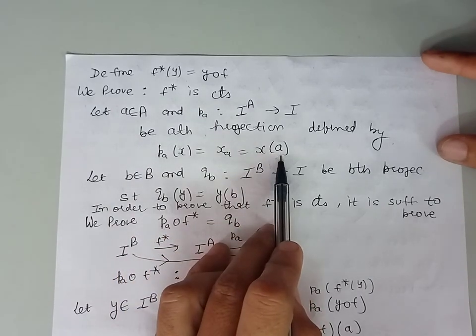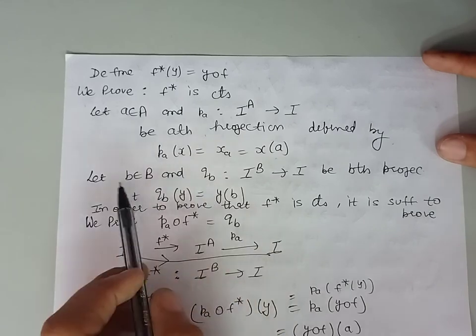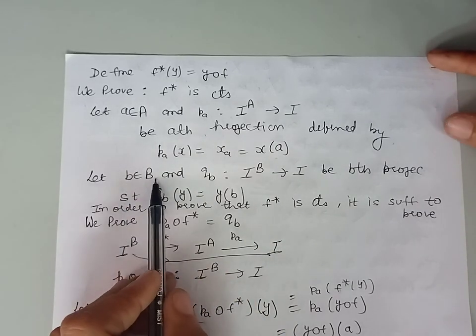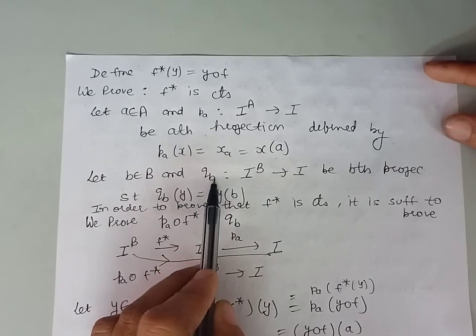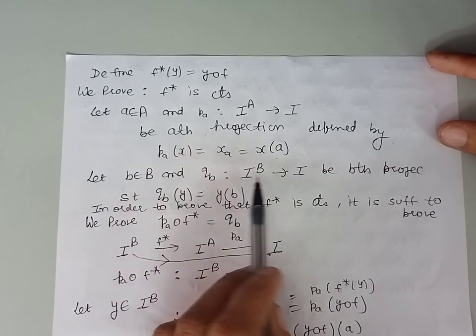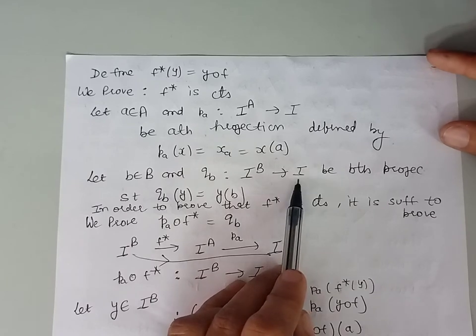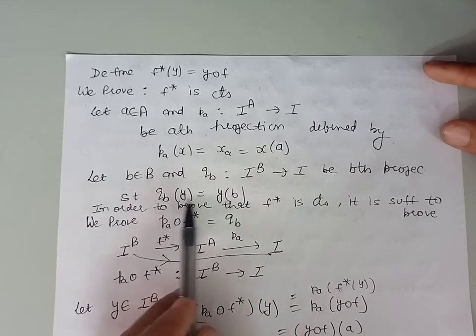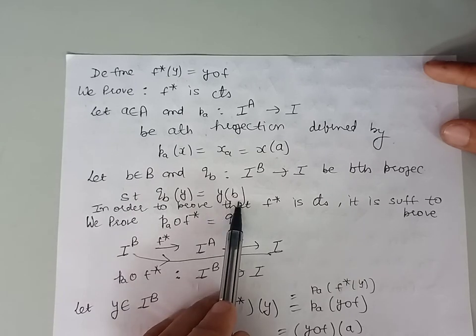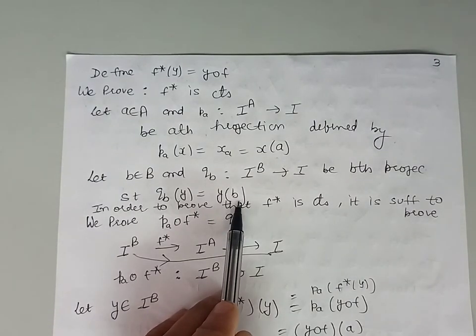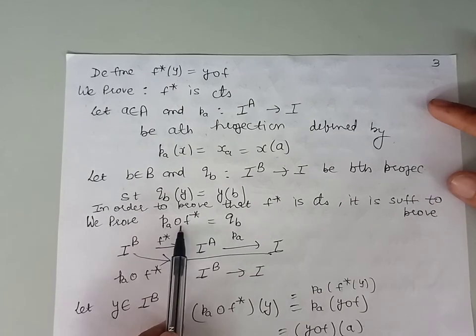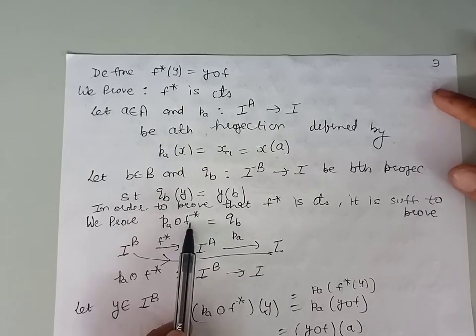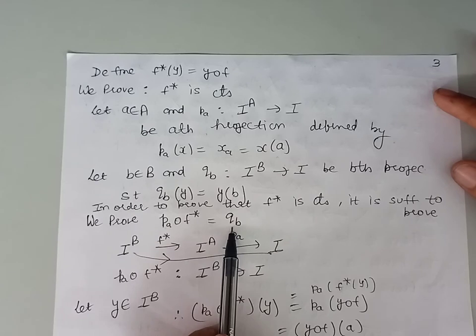In the same way, let us define the b-th projection by taking an element b from the set B and defining Q_b as the b-th projection from the set I^B into the unit interval I by defining Q_b of y equal to y of b. Now, in order to prove that the function f star is continuous, it is sufficient to prove that the composition of the a-th projection with f star is equal to the projection Q_b.